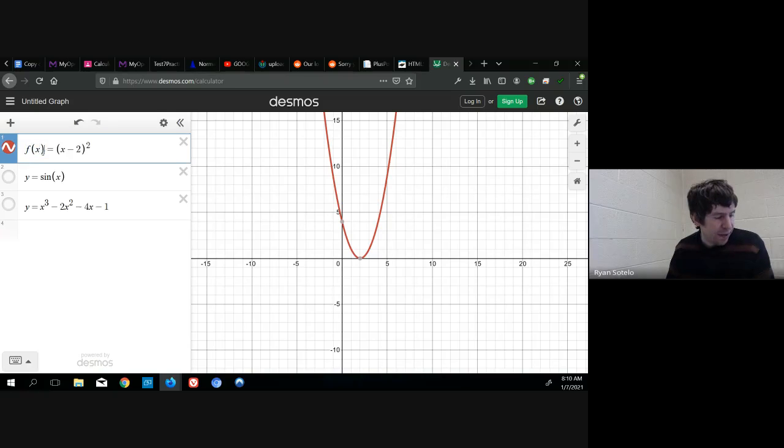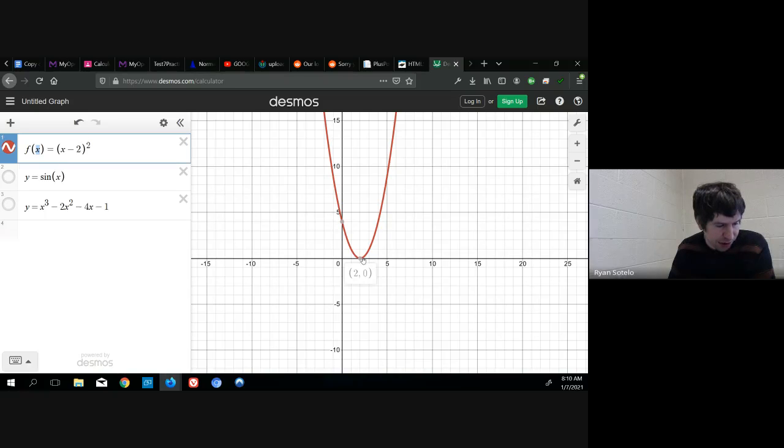The idea is that a function is an input output type thing. So you input a number, and that's x, whatever x is. You input a number, and then f of x represents the output. So once I put in an x, I get out something else. So like if I put in, in this case, 2, well, 2 minus 2 is 0, 0 squared is 0. So at 2, I would have 0.